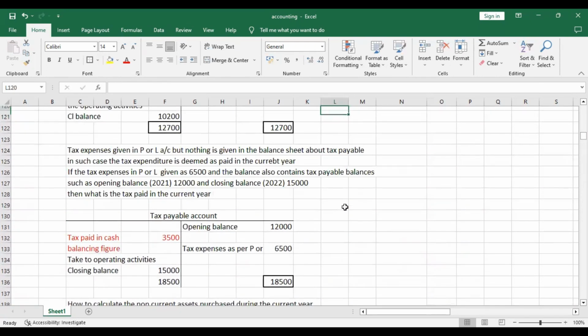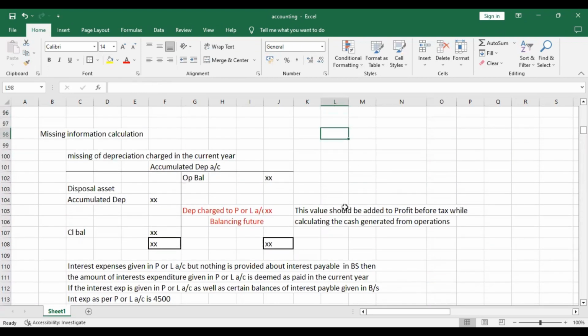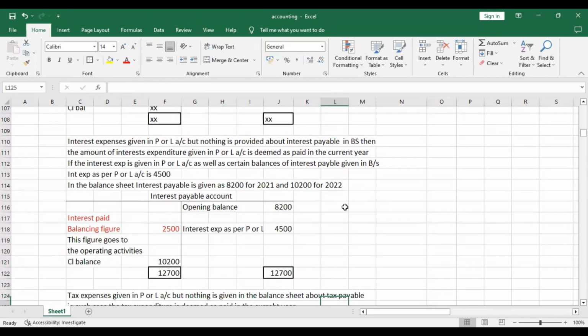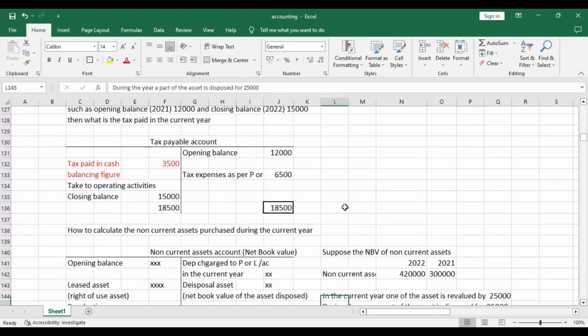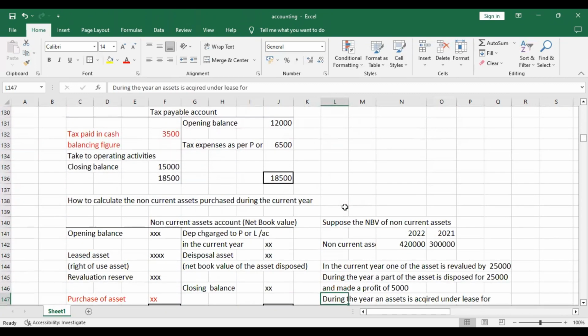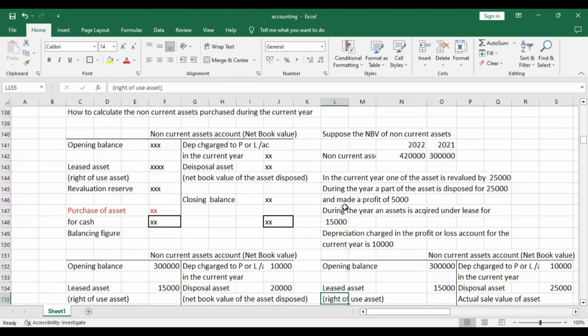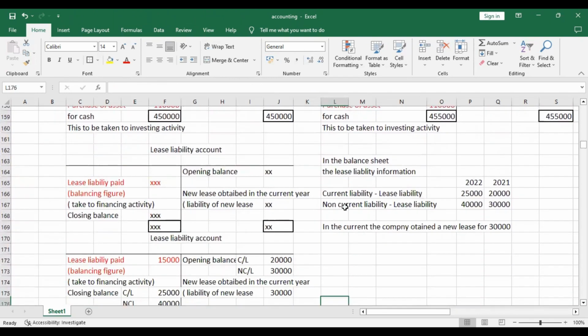So let's look from the beginning at what we have understood. Missing information can be, number one, depreciation. Number two, interest payable account, where interest paid is missing. Tax paid can be missing. Then purchase of non-current assets may be missing, which I have explained to you. Then lease liability, how much lease paid, has been explained to you.